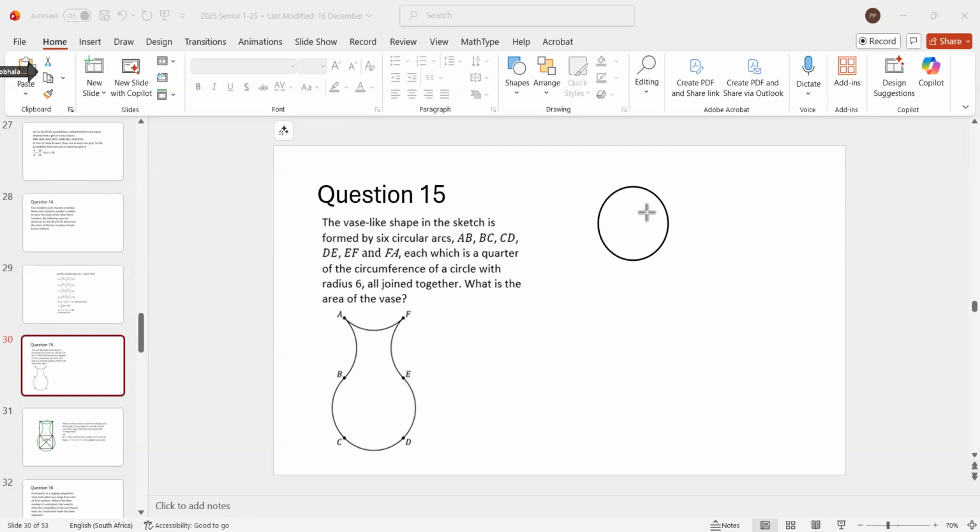Okay, let's just draw the quarter of the circumference. So you see, like for instance, this arc here is the same as this arc here, but this is a quarter of a circumference, which means that the angle in between is 90 degrees.